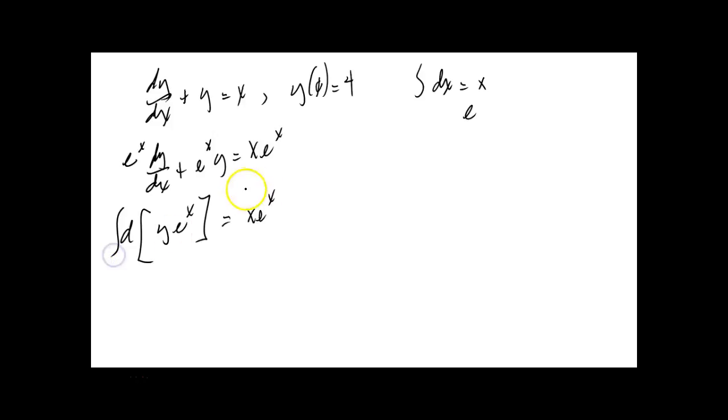We're going to integrate both sides, and what does that give us? Y e to the x, because the integral of the derivative is whatever's inside, is equal to, we've been there before, haven't we? Remember what that gave us?